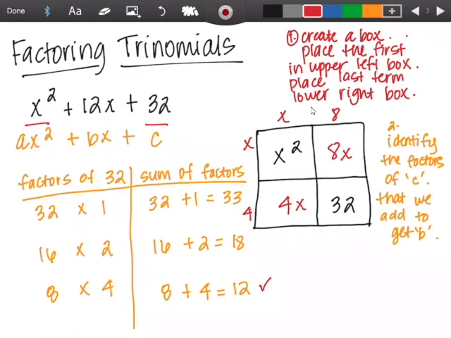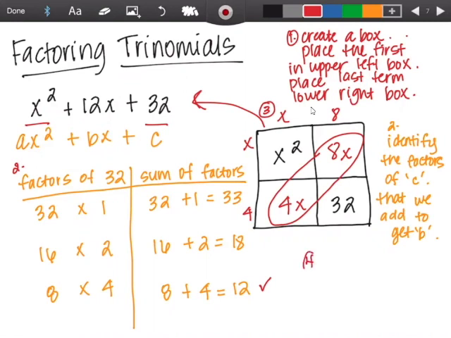Okay. Remember, these are going to be like terms. So if I add all of this up, I would get my original problem. But what I'm looking for is to write my trinomial as two binomials. So this right here is step 2, and this is step 3, to fill it in. All right.